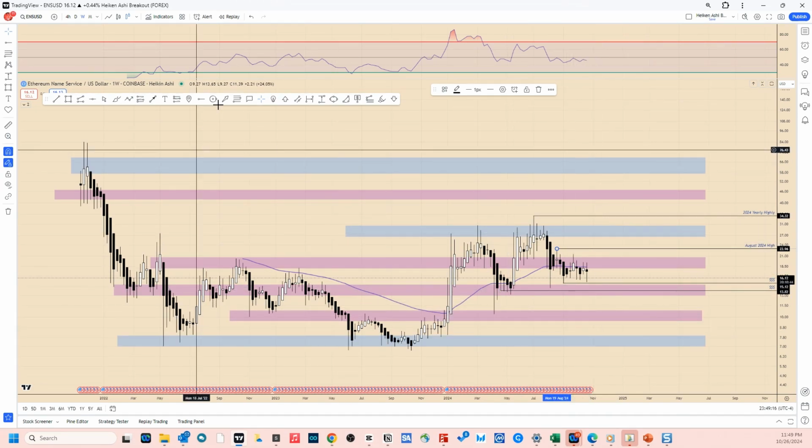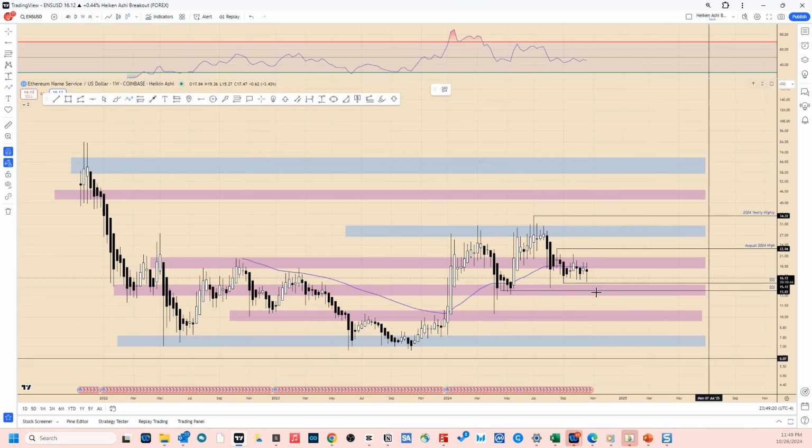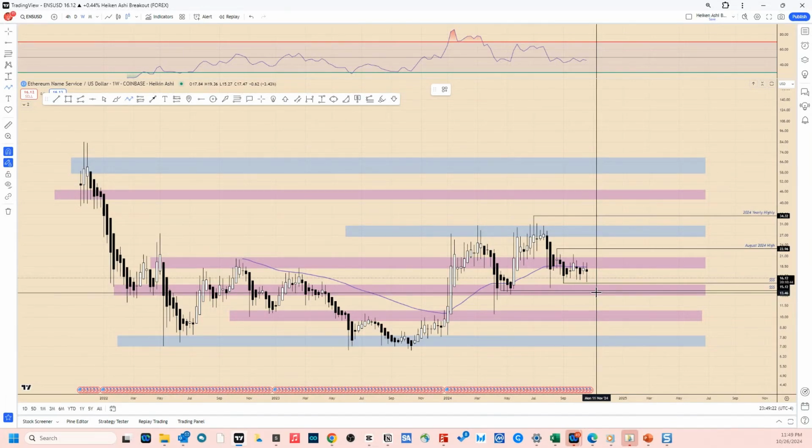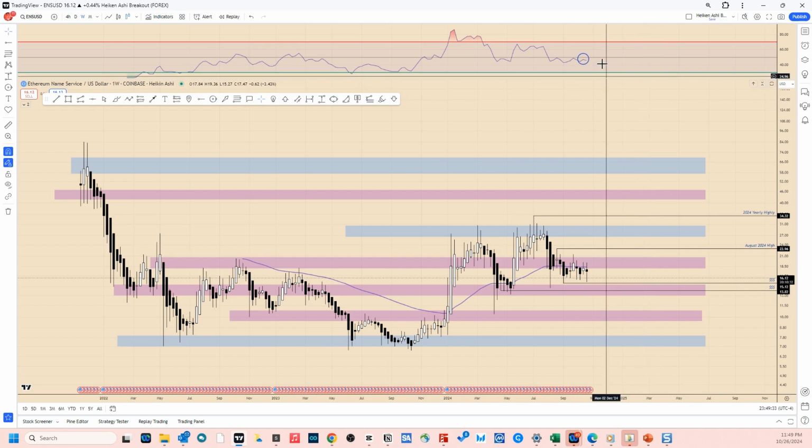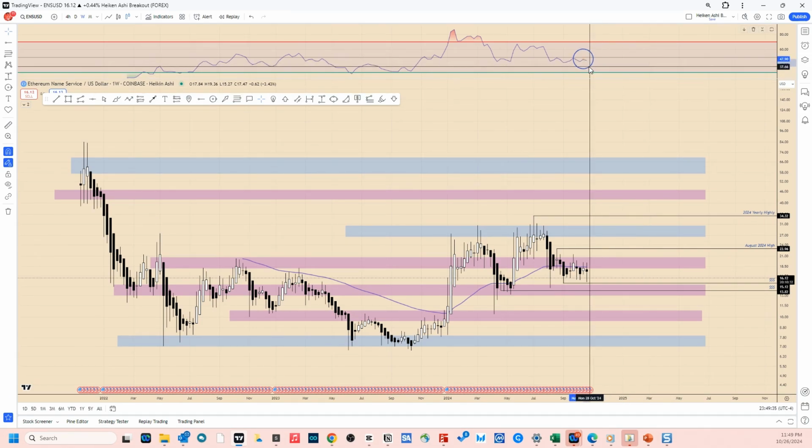So my thought is, currently with ENS, we are also trending below the 50 on the RSI as well. So we have the RSI here. We are below the 50 in the RSI.